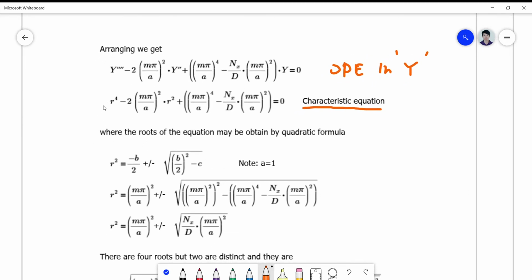So my a is 1, my b is this, and b over 2 divided by 2, I get this, and my c is this one here.